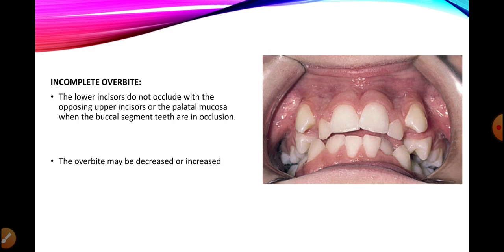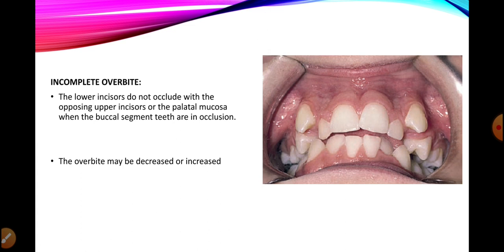Now, talking about incomplete overbite. In the normal circumstances, the lower incisal edges come in contact with the cingulum plateau of the upper incisal edges in the palatal aspect, or with the upper central incisors.